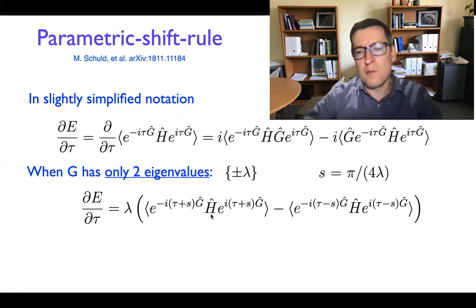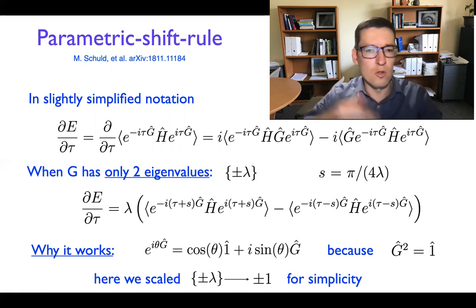And this works in a similar way because, in order to understand how it works, you need to understand that if the generator has only 2 eigenvalues, for simplicity, let's say plus minus 1, we'll get to lambda a bit later, right? So if you have G that has plus minus 1 eigenvalues, then you can write the exponent as a linear combination of the identity operator multiplied by cosine plus i sine multiplied by G.